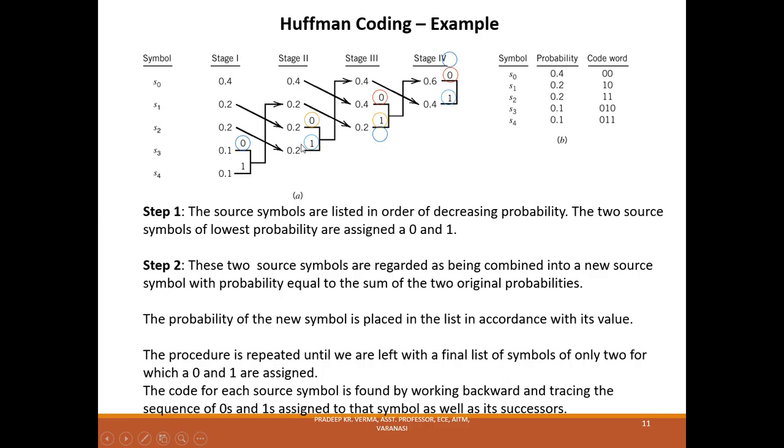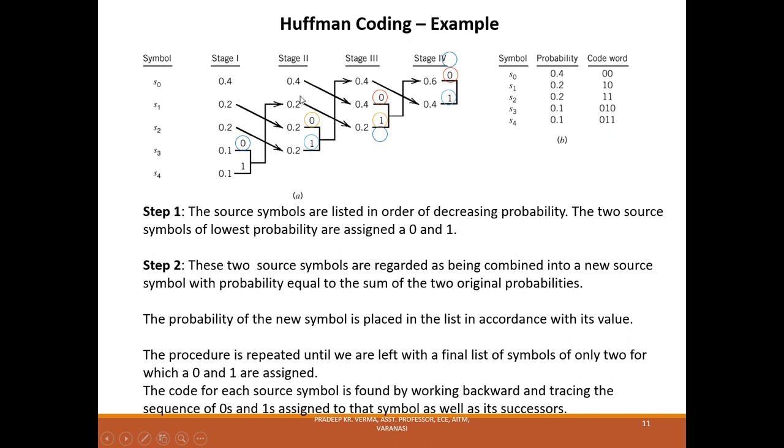Then we will again add the least two probable symbols, that is 0.2 and 0.2, we will get 0.4. This can be arranged in stage 3 as shown. The sum, that is 0.4, is placed at top. Then the symbol that has probability 0.4 is arranged next.